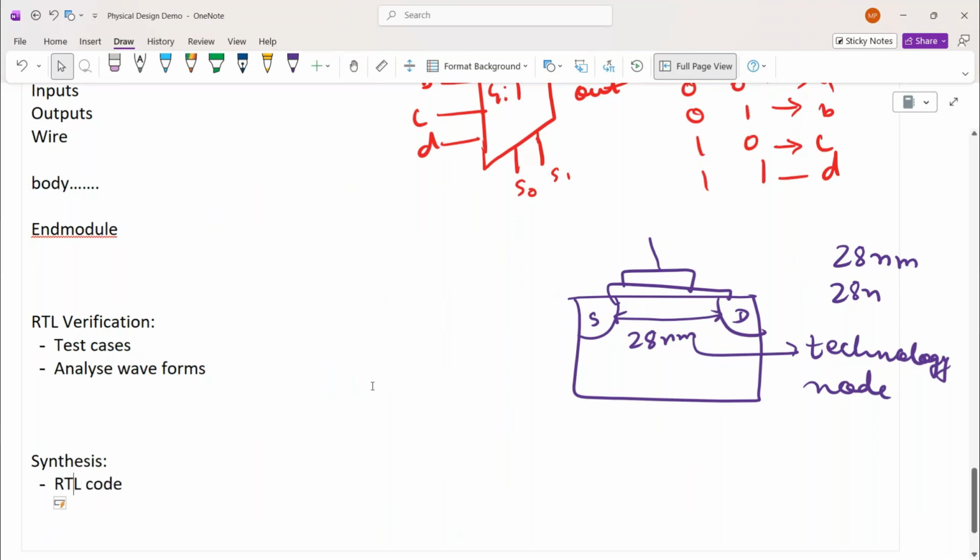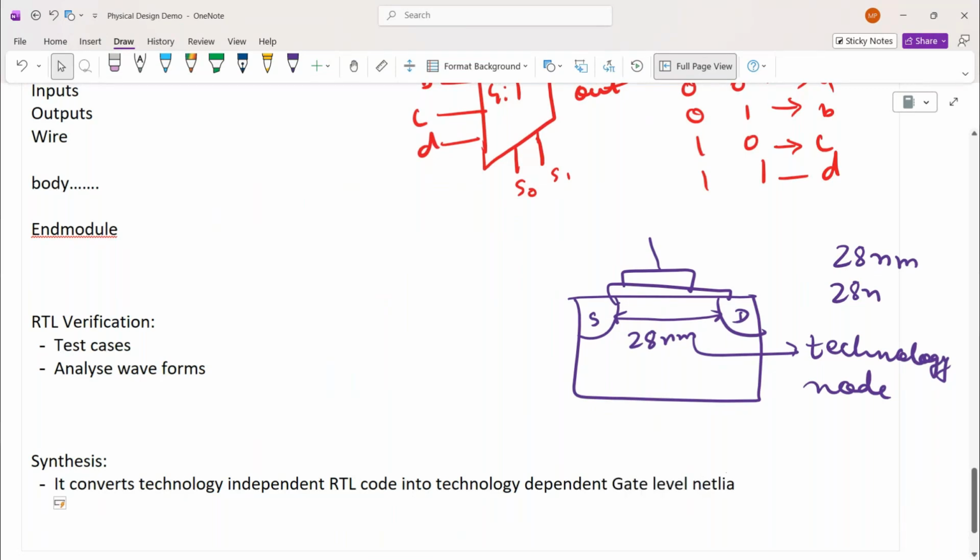It converts technology independent RTL code into technology dependent gate level netlist.